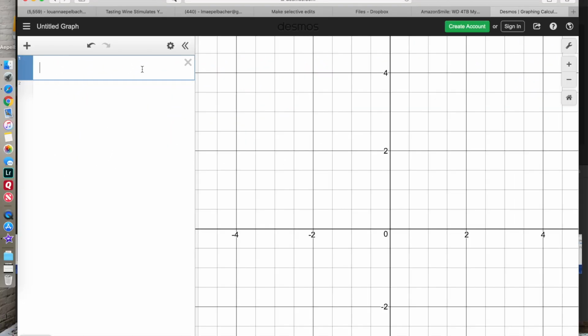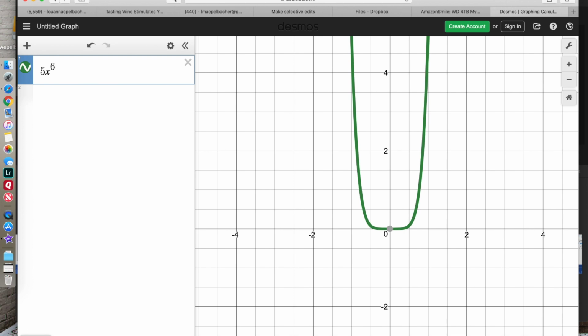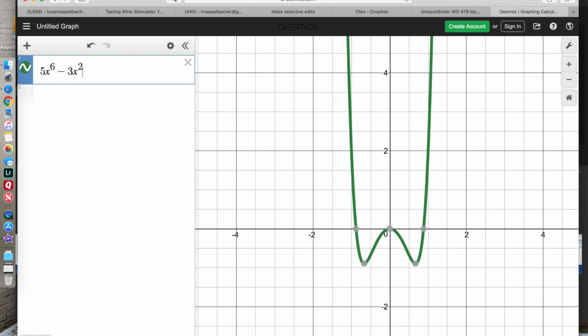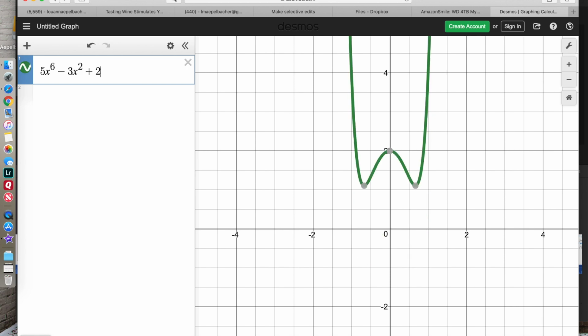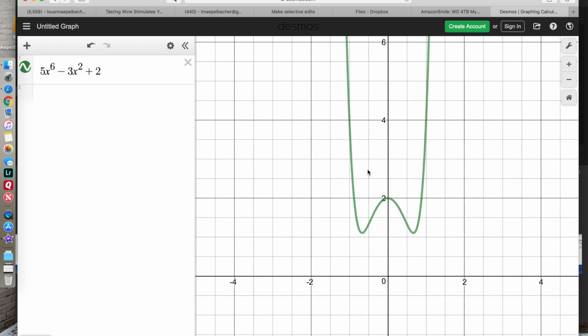For number 9c, the function is 5x to the 6th power, and then minus 3x squared, and then plus 2. And again, this graph looks like it is an even function. It looks like it has line symmetry over the y-axis.